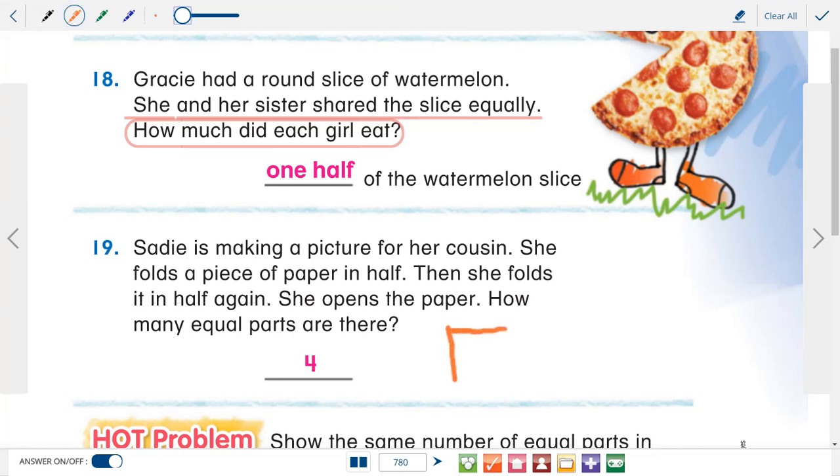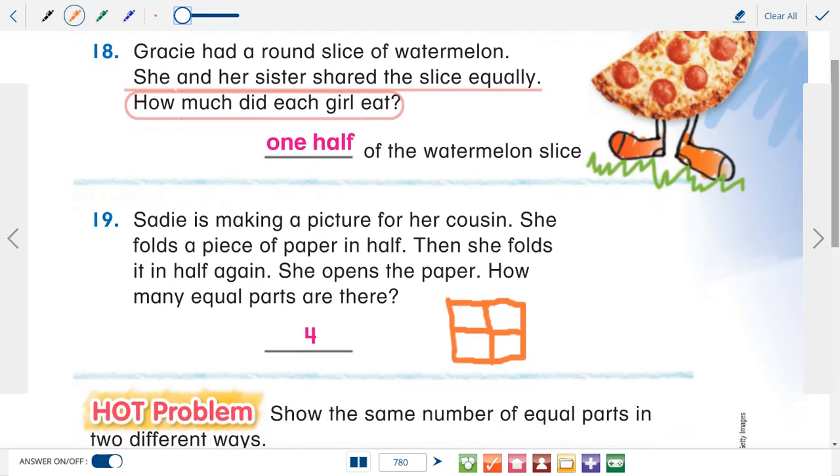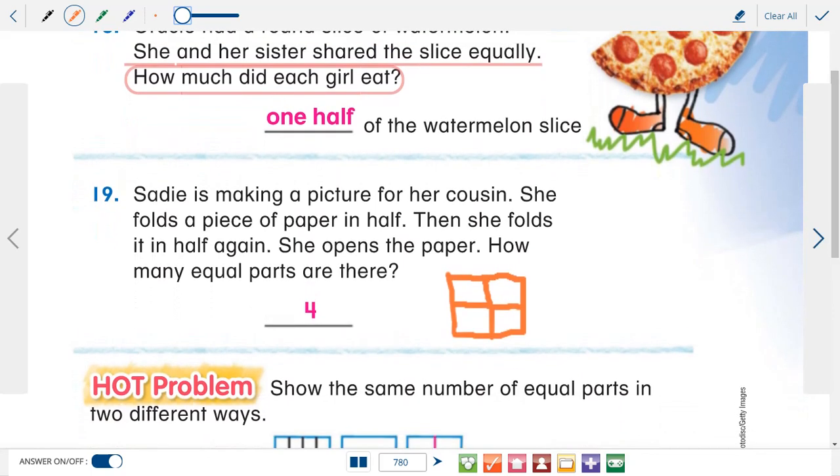Okay, this was the paper. First she folded it in half like this, then she folded it in half again. So how many equal parts do we have? 4 equal parts. Now show the same. Let me erase the answer.